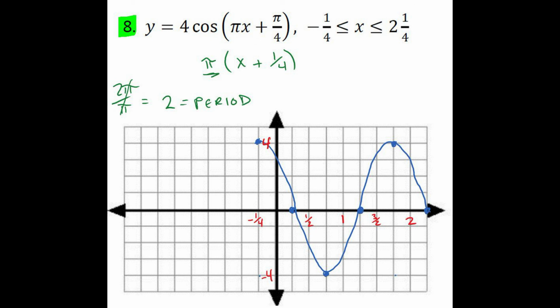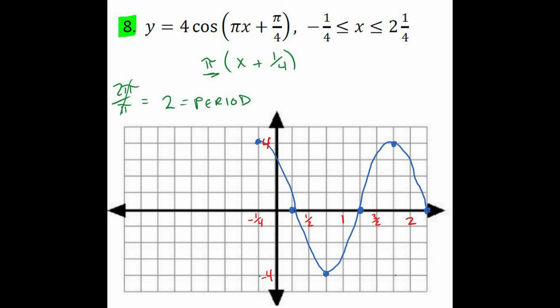And then once I have that, I cut it in half, and that's my valley or my lowest point. And I put that down at -4. And then I know to get from my peak down to my valley, I have to cross the x-axis. And so I count kind of halfway in between those. And that's how I got the x-axis crossing there, and then the x-axis crossing to the right. So you do your best to connect all the points with a nice wave shape, and this is what you should end up with on number 8.